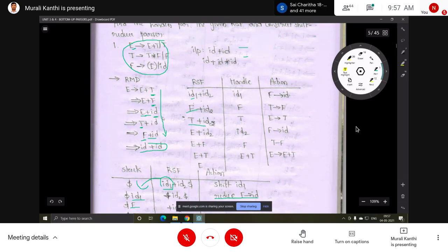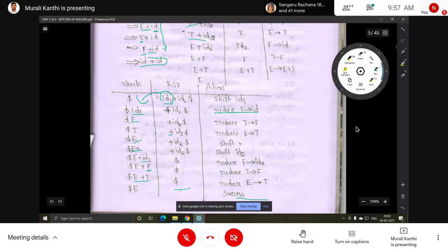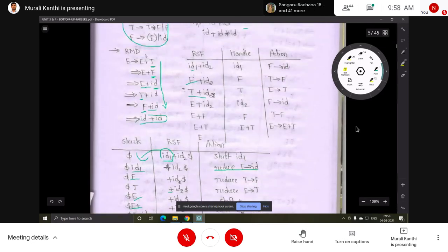Okay, so these are just the reverse of this operation. Whatever the operations in the stack, those are exactly the reverse of the rightmost derivation.